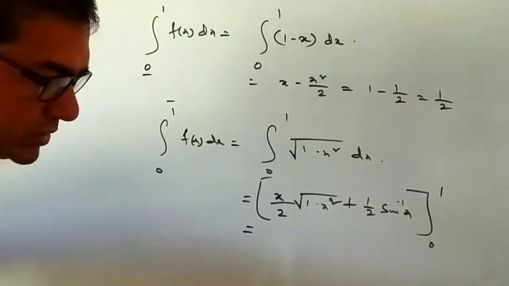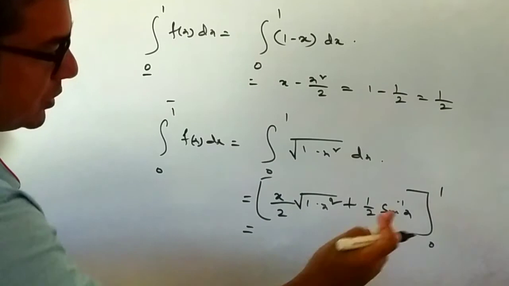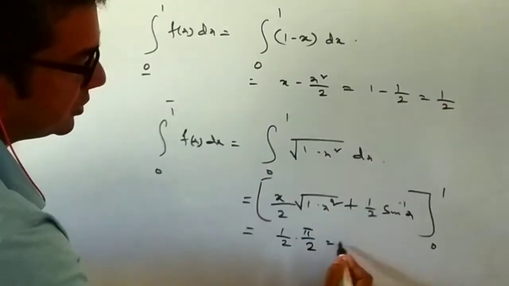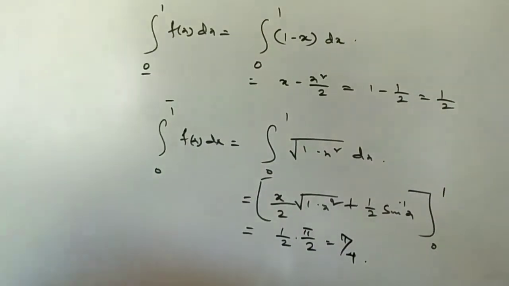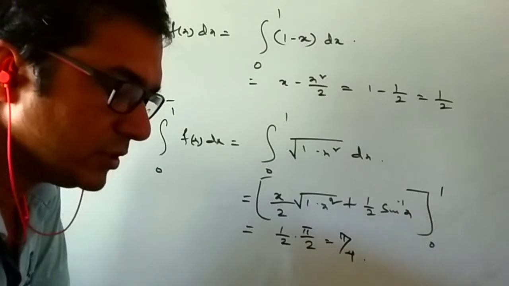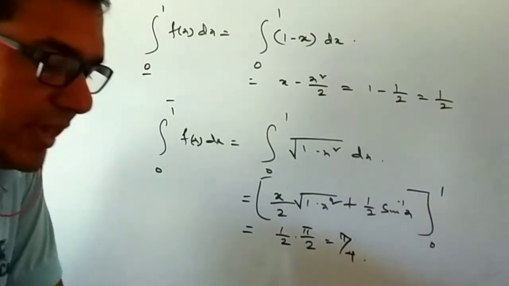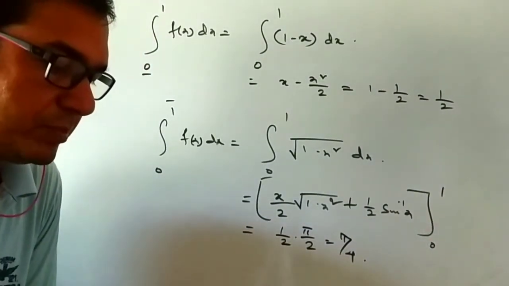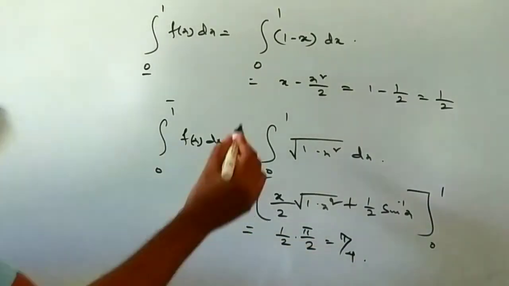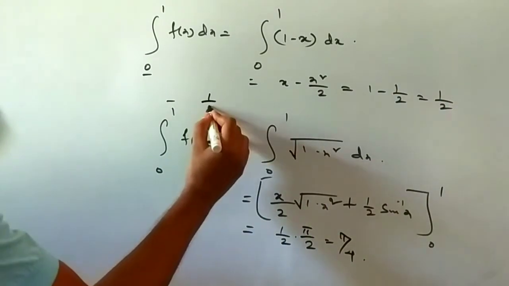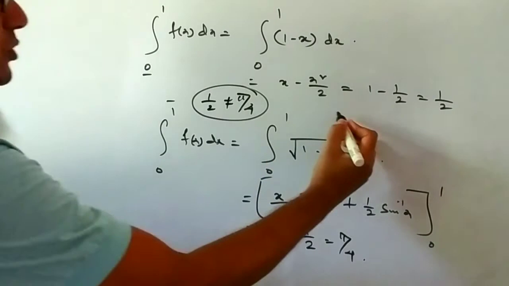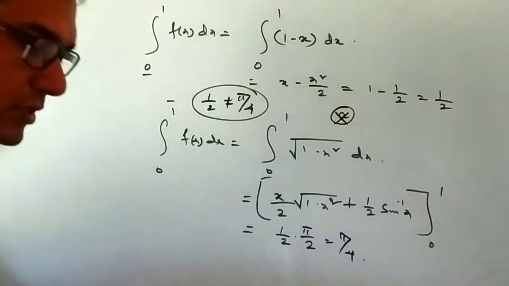So this is half into pi by 2, that is pi by 4. And here option A says f(x) is R integrable on (0, 1). This is not R integrable since half is not equal to pi by 4, so A is not correct.